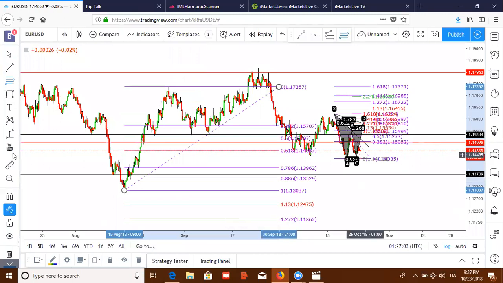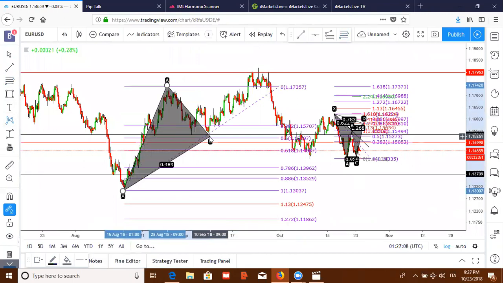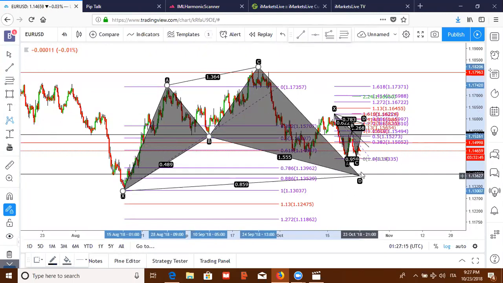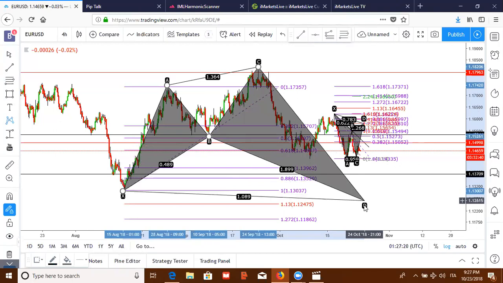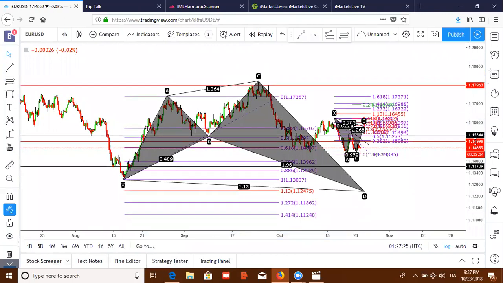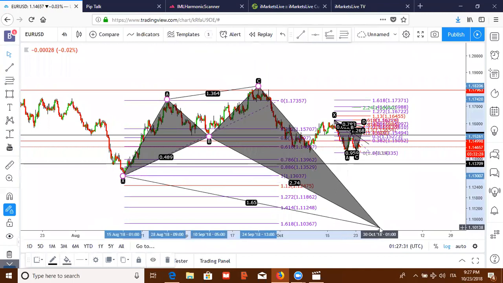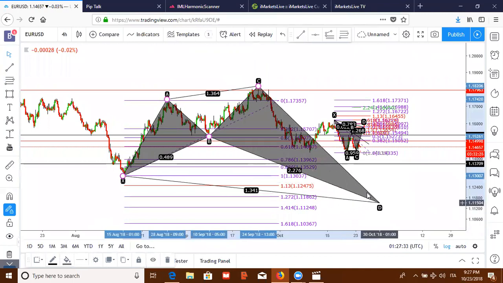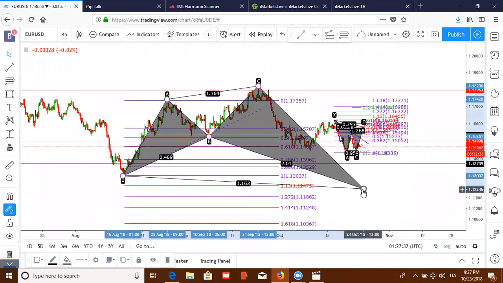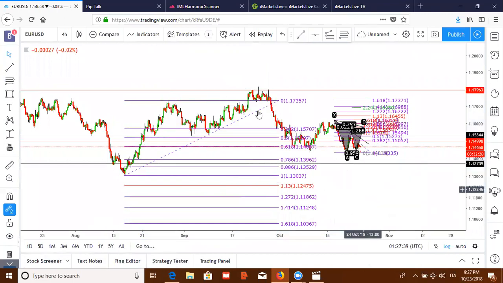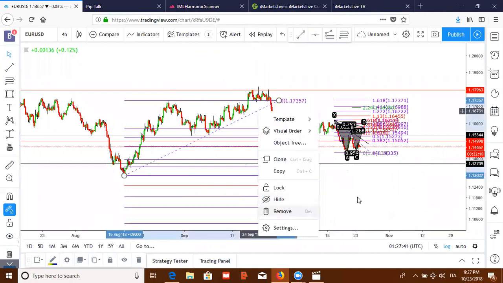So this pattern will look something like this: X to A to B, B to C, C all the way down here to either the 88.6, which completes right here, the 113 level, which completes right here, or it could push down to the 1618 level, which completes down here. So that's just another pattern that happens as well.